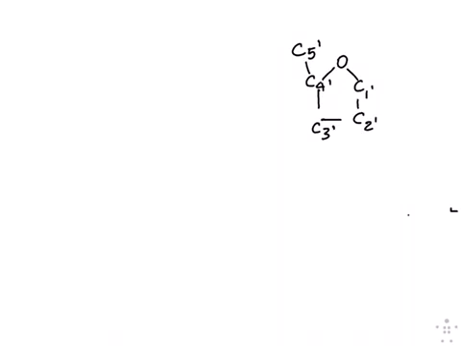Attached to carbon 1 prime, you have a nitrogenous base right here. I'll just write base on it. Carbons have 4 bonds, so if we count 1, 2, 3 bonds around carbon 1, here is the 4th one with the hydrogen.